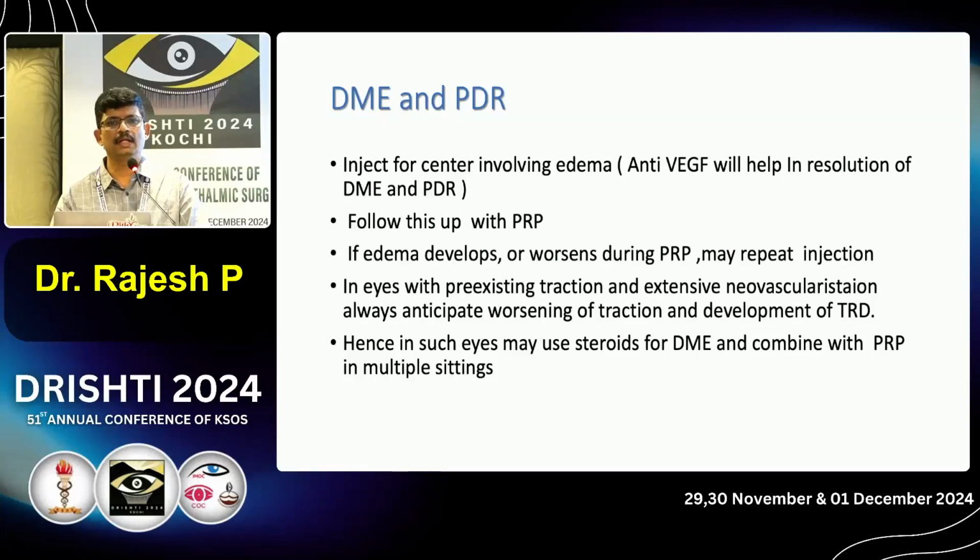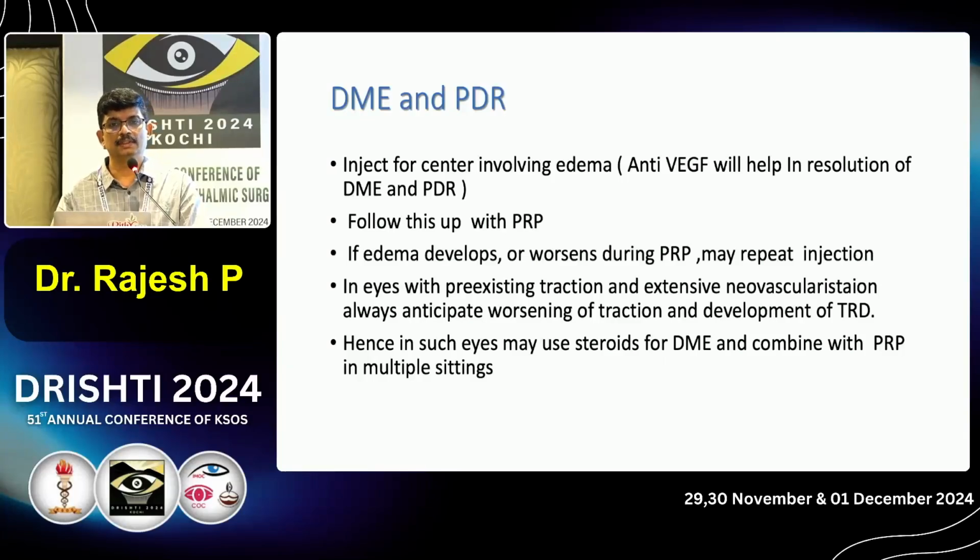Then by giving an anti-VEGF injection, you can actually lead to an angiofibrotic switch, which leads to extensive traction on the retina. A patient who is having fibrovascular proliferation or neovascularization along the arcade, after the injection, because of the angiofibrotic switch, can have worsening of the traction, which can lead to a traction retinal detachment involving the macula.